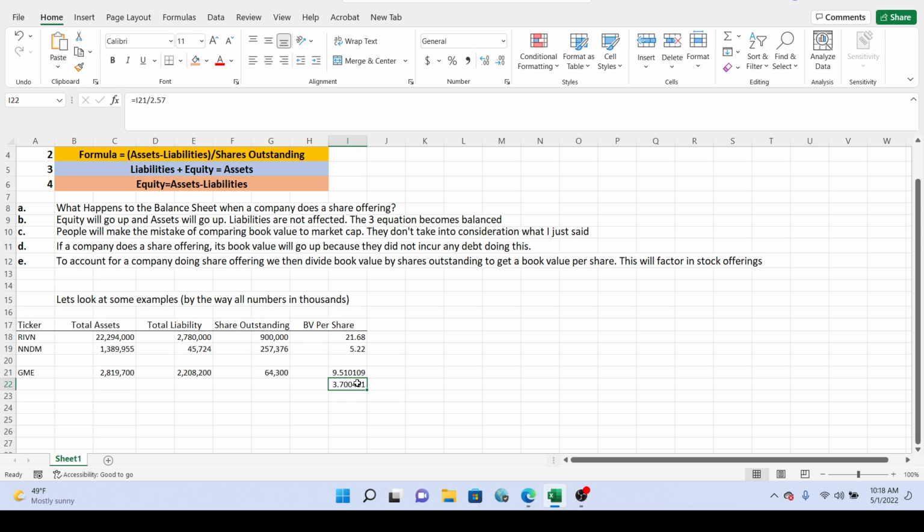So book value was actually 3.7 times its market price. So this is a solid reason why people would have been investing in GameStop at $2.57. It's because it was dirt cheap and it was trading 3.7 times underneath the book value of the company.